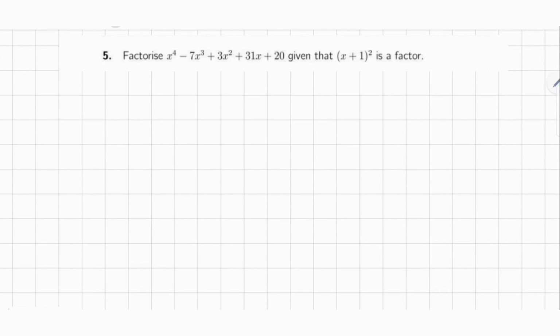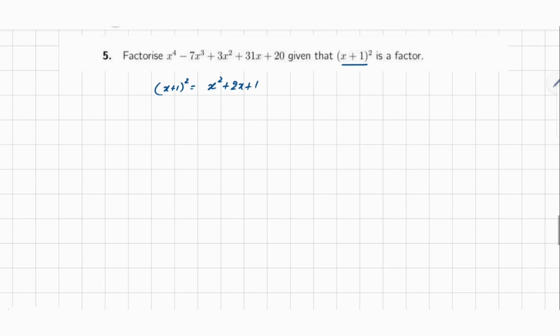Let's do question 5. We're given that x plus 1 the whole square is a factor, and we have to factorize this big polynomial. We can expand x plus 1 the whole squared. It gives us x squared plus 2x plus 1.